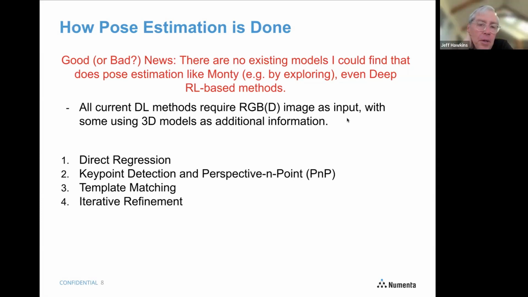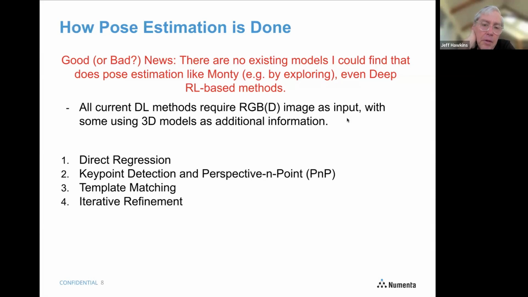Well, just to be clear, in the brain and in Monty, you don't really do pose estimation independent of object recognition, right? Those things all happen at the same time. As you explore, there are three separate things that are resolved: what is the object you're on, where you are on the object, and the pose of the sensor to the object.